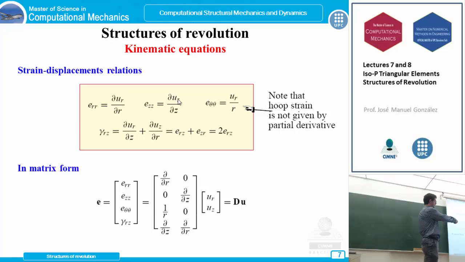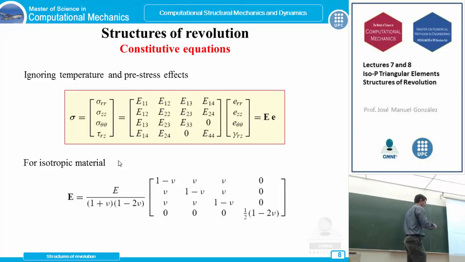So this changes quite a bit our formulation and our way to treat this axisymmetric problem using the shape functions, as we are going to see. These kinematic relations, these strain displacement relations, in matrix form are expressed in this way. This is our partial derivative operator, which relates the 2 displacement components and these 4 strain components.